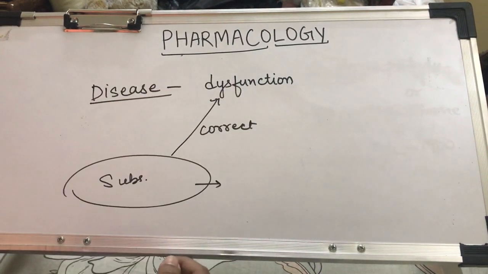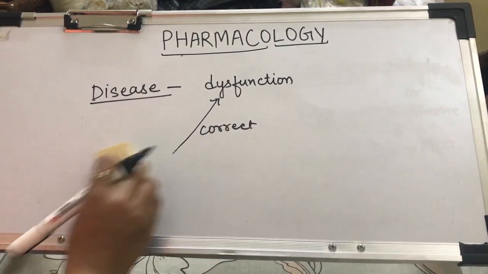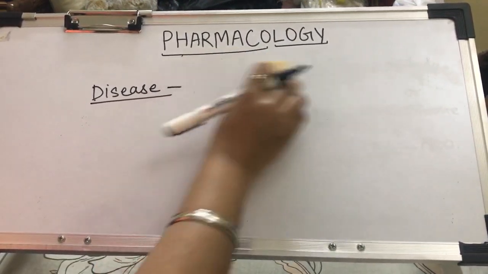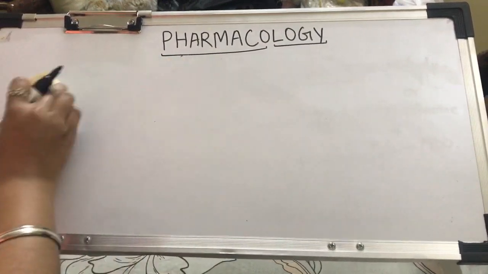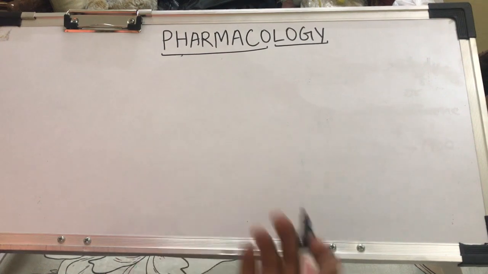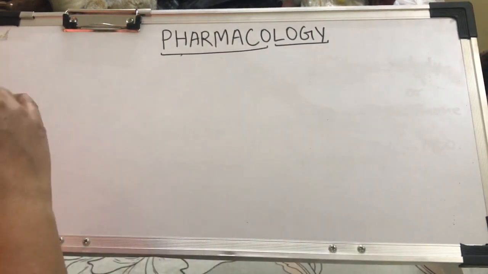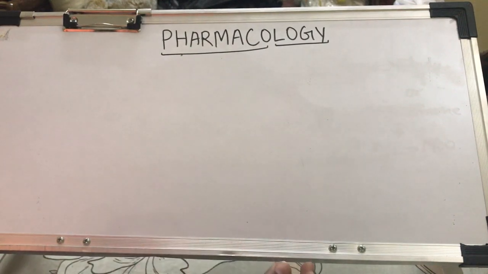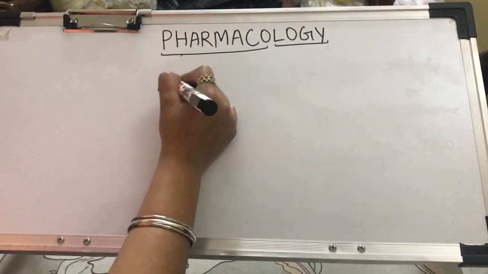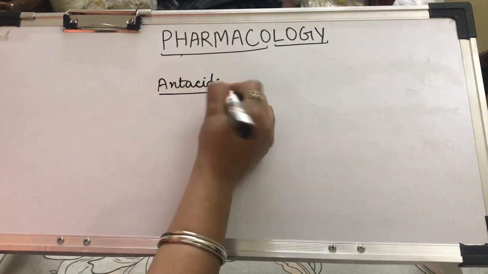For example, if we take a disease to be peptic ulcers, we know that in peptic ulcers, acid, the HCl in the stomach, is being produced in higher quantities. What we can do is have a symptomatic effect with the help of antacids, but that is just a symptomatic effect.